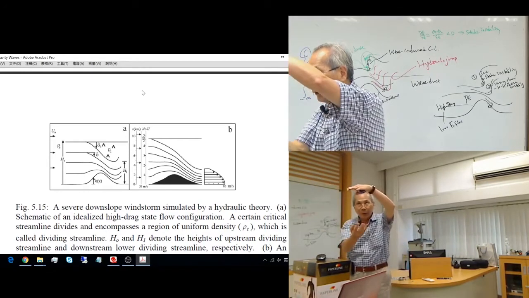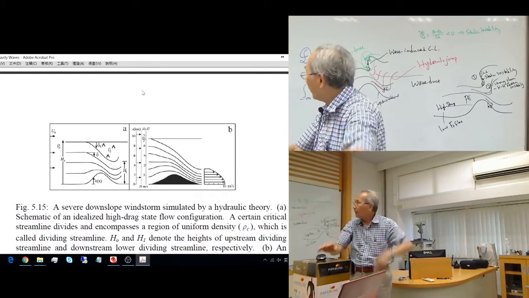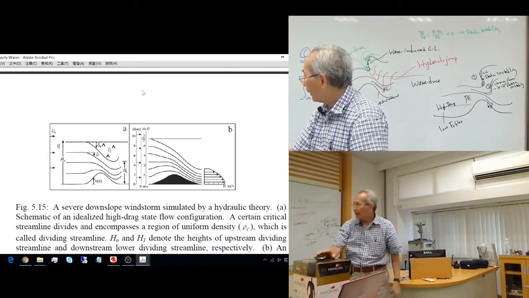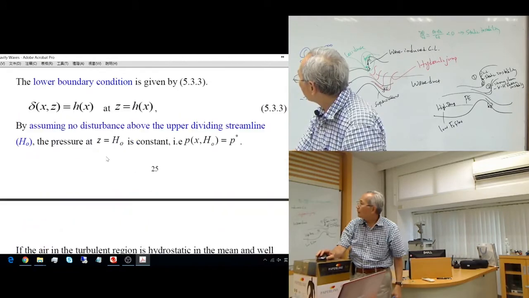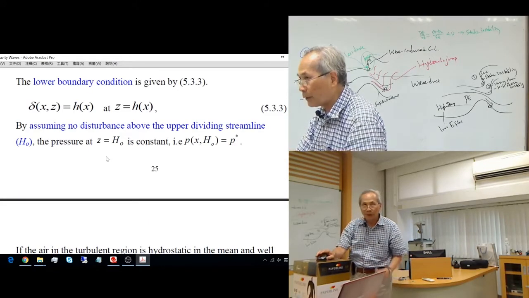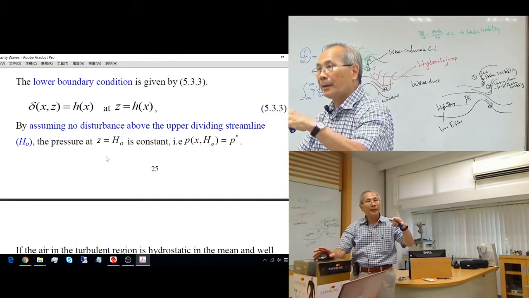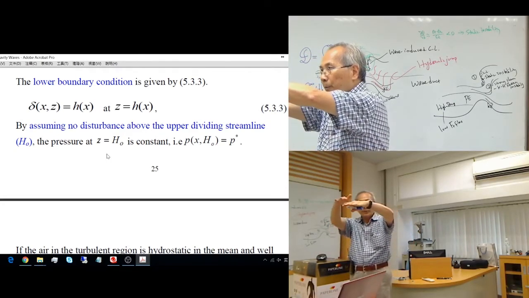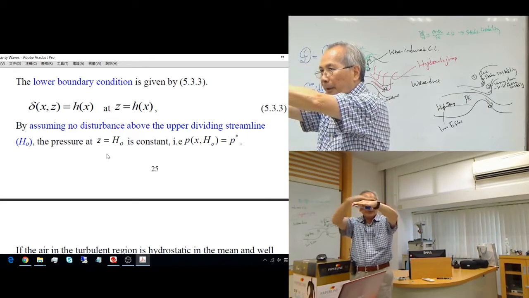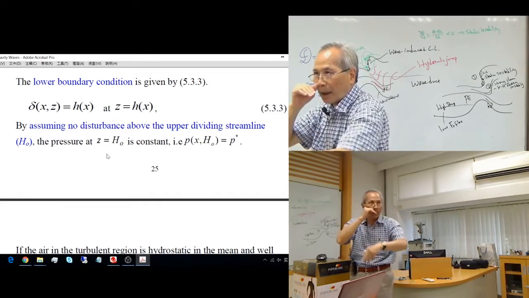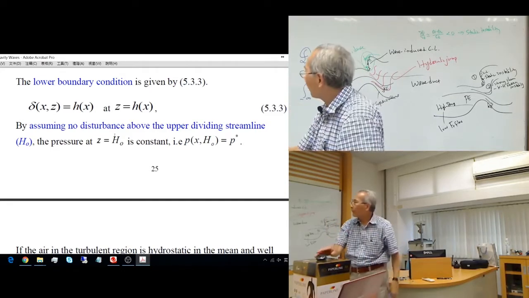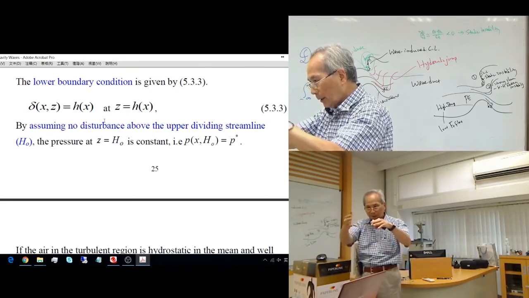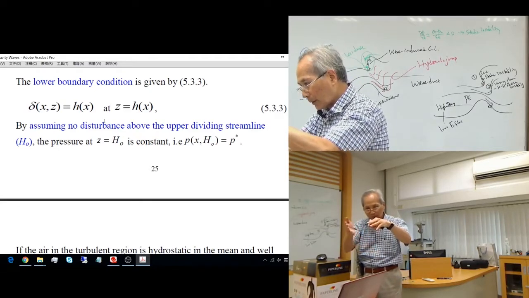Rigid lid means your wave energy cannot penetrate upward, so the only way is to go down, and that develops the hydraulic jump here, with a lot of turbulence. So that's his theory. Basically it's like Long's theory, except he assumed you have this cap here, which provides the upper boundary condition, and also this dead region, which defines your flow below that.